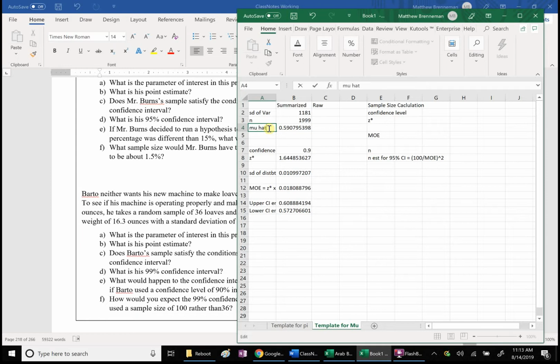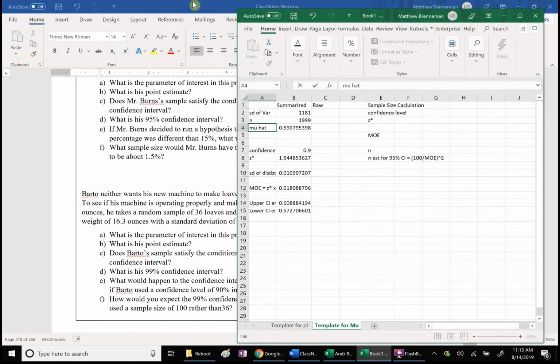So I'm going to have mu hat. The confidence and the z-score will be computed the same way. The standard deviation of the distribution is now going to be the standard deviation of the variable divided by the square root of n. So I'm going to have to change that. Okay. Margin of error will be computed the same way, so will the confidence intervals.